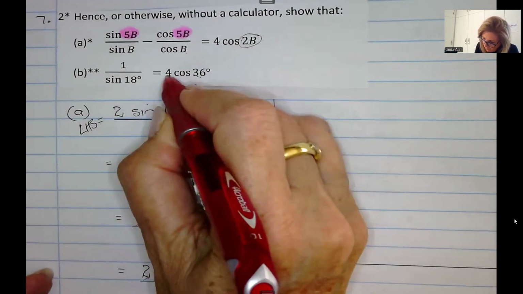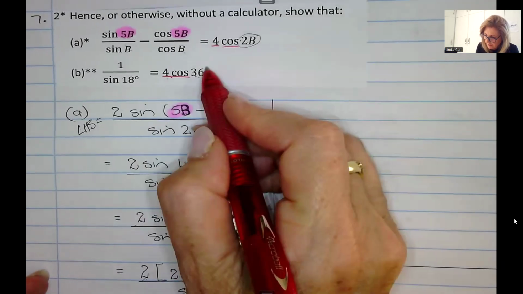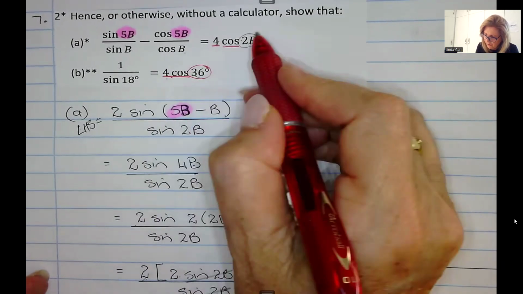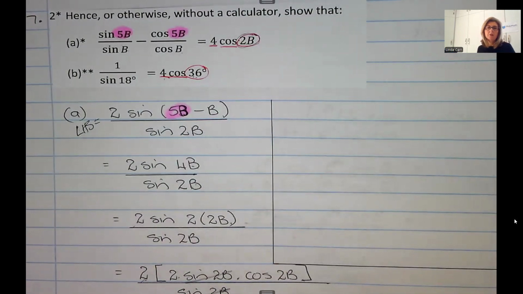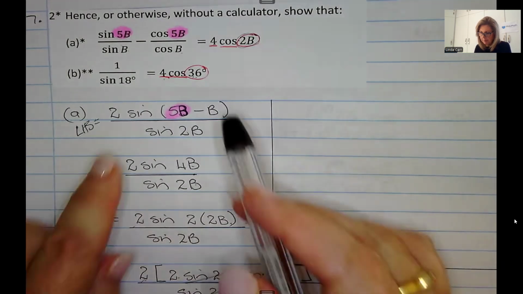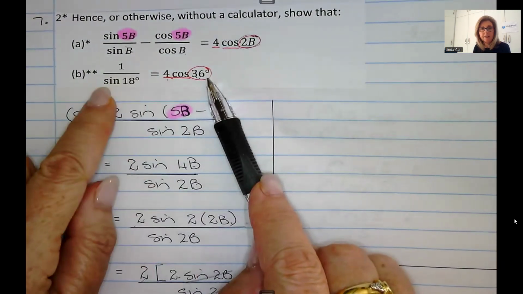I've got the 4, I've got the cos, and then the 36 has to represent the 2B. So if 36 is 2B, then B would be 18. And so somehow I'm going to use the right-hand side to get the left-hand side.